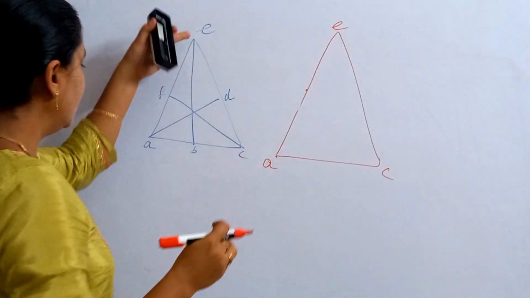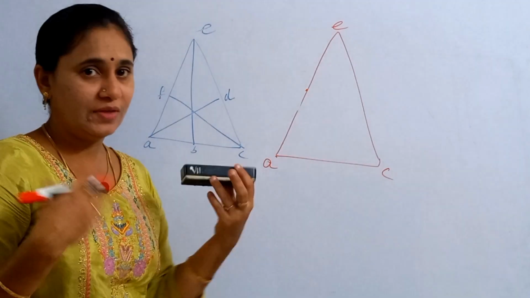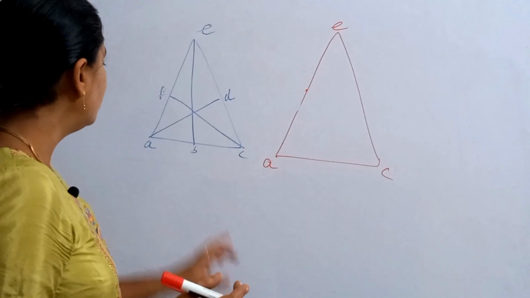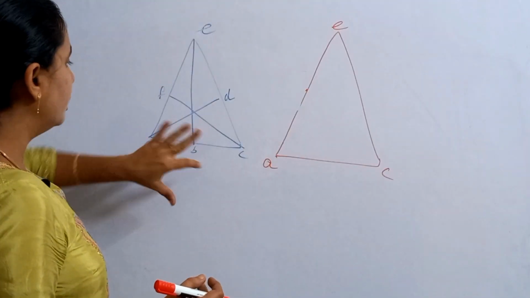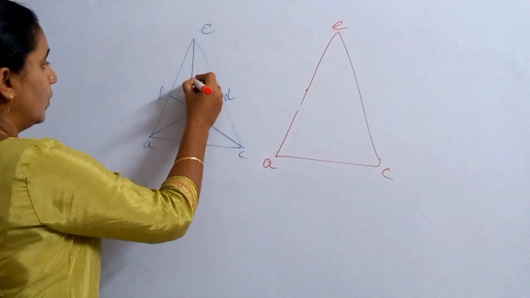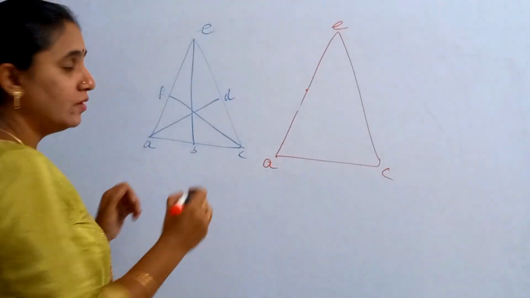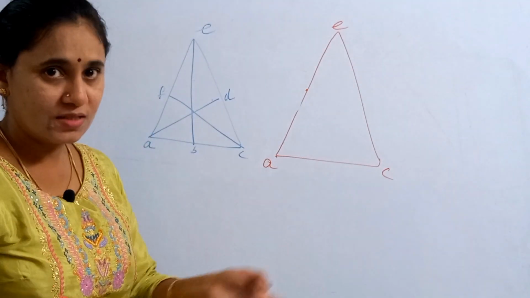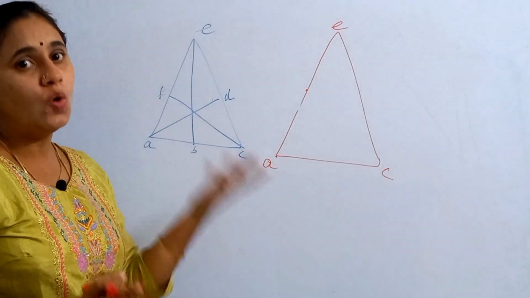Now see, E, A and C we have joined with the respective edges. Now what I have to take is E to F, F to C and E to D. E to F this one, D to A this one and F to C. If you see, all these edges are intersecting, so I have to avoid this.